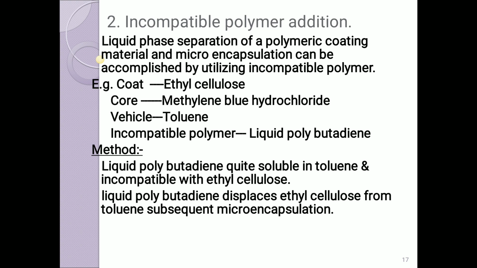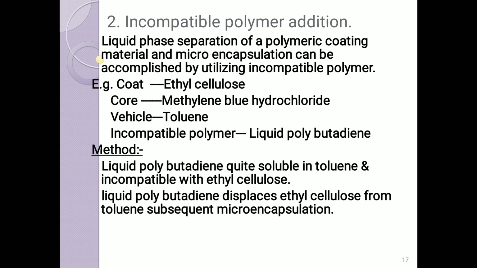Taking an example, the coat is ethyl cellulose, the same polymer, the vehicle is toluene, and the core drug is methylene blue hydrochloride. The incompatible polymer is liquid polybutadiene. Liquid polybutadiene is quite soluble in toluene, but incompatible with ethyl cellulose.